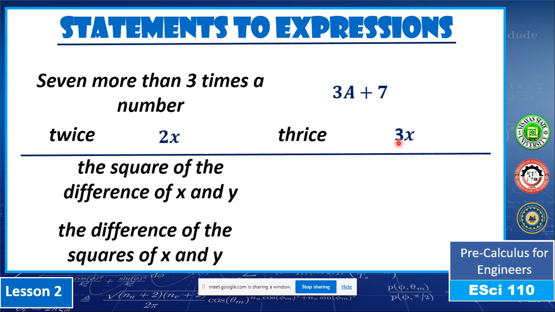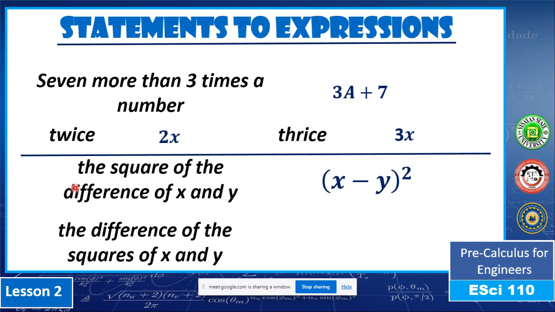If you are going to interpret a mathematical statement, you still apply the rule that you work from left to right. So when "the square" comes first, you put the square first. So let's put the square.